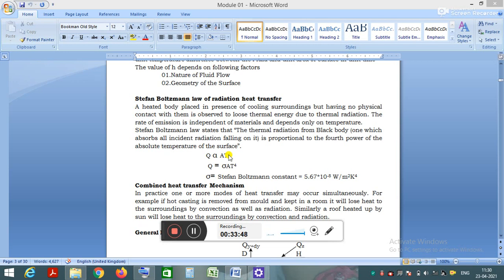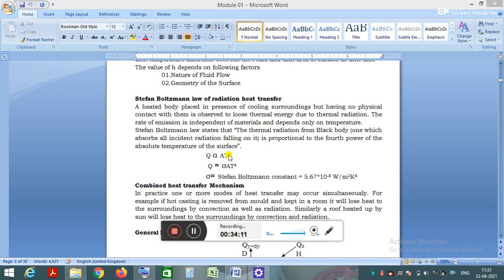A heated body placed in the presence of cooling surroundings but having no physical contact with them is observed to lose thermal energy due to thermal radiation. The rate of emission is independent of the material, and it depends only on temperature.